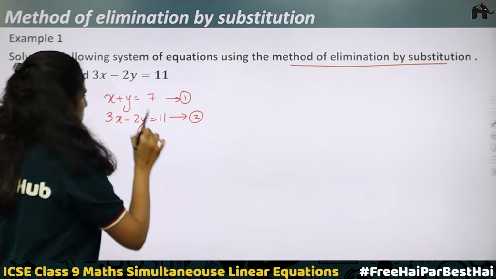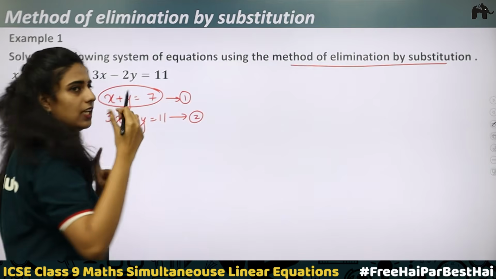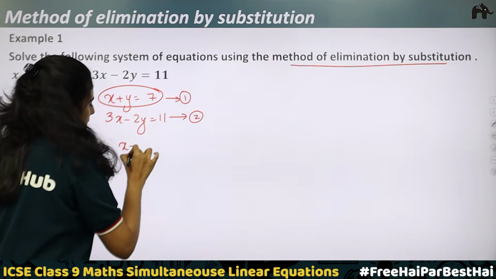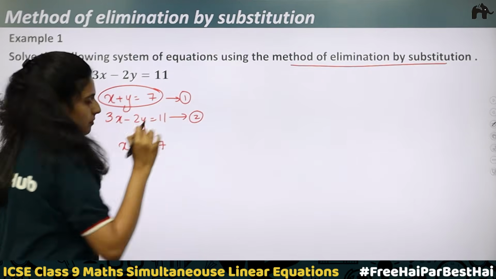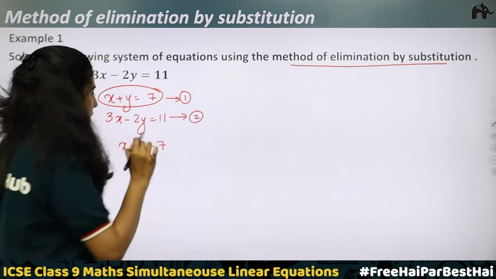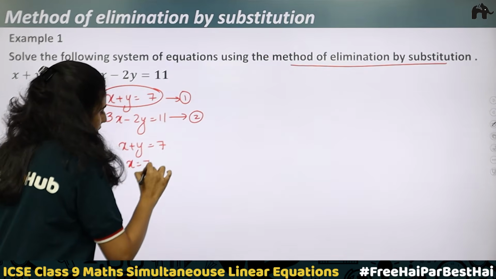Here we will take the first equation. You can take any of these equations, take one equation. That is x plus y is equal to 7. From this, what is y or what is x? You can write x is equal to 7 minus y.